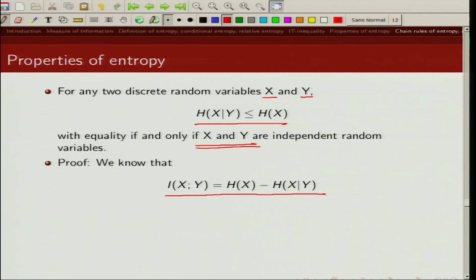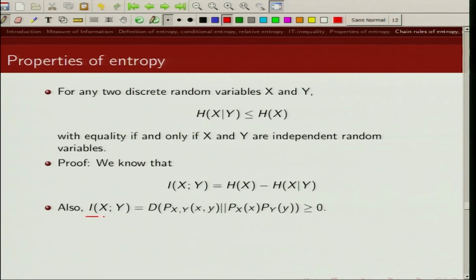There are a number of ways you can prove it. Now mutual information can be written like this: it is uncertainty in x minus uncertainty in x given y. Now we also know that mutual information is nothing but the relative entropy or divergence between the joint distribution of x and y and the product of the marginals p of x and p of y. And we have shown that divergence between two distributions p and q is always greater than or equal to 0.